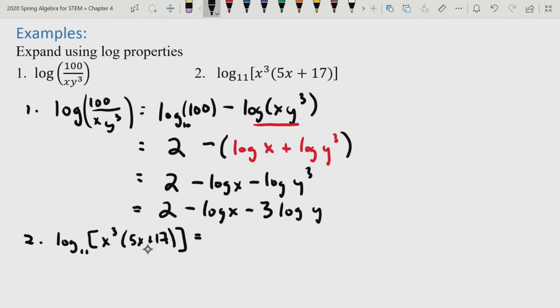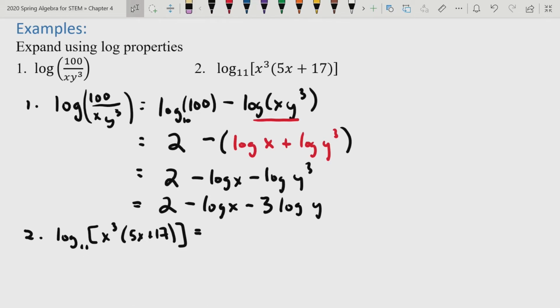You don't want to start inside. So I'm going to use the product property. The log of this times this is the log base 11 of the first thing, x to the third, plus the log base 11 of the second thing, which is 5x plus 17.